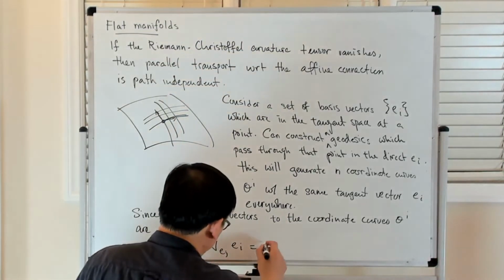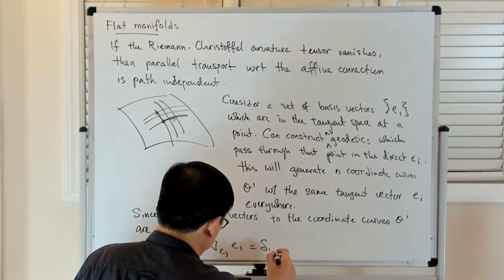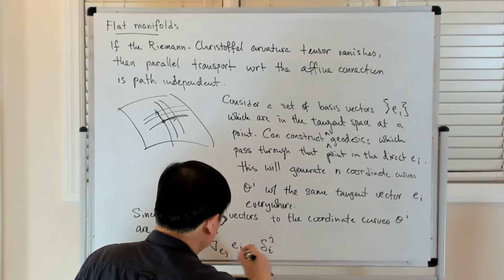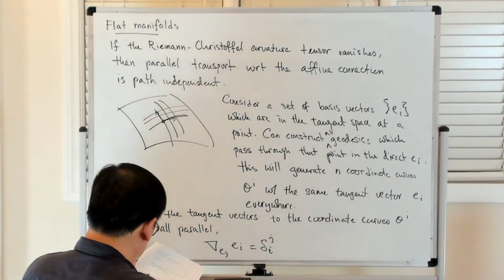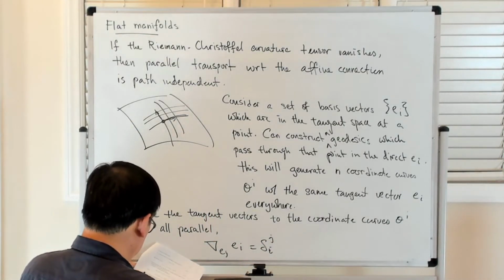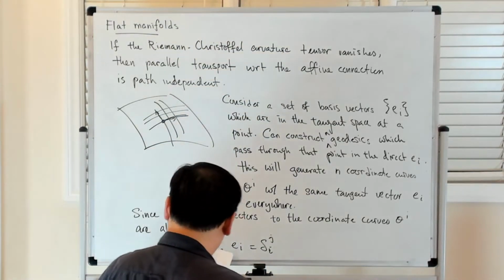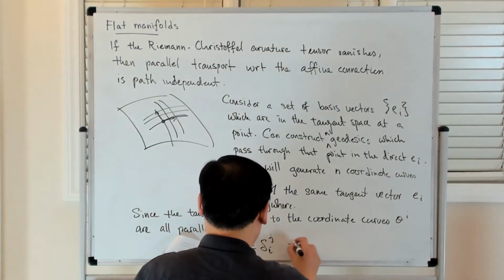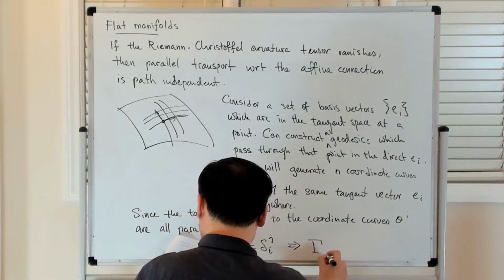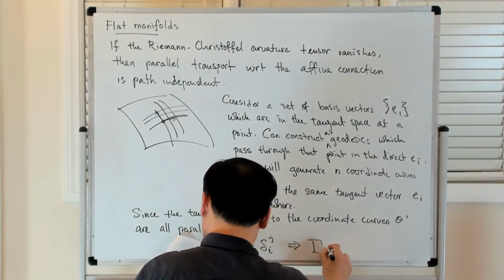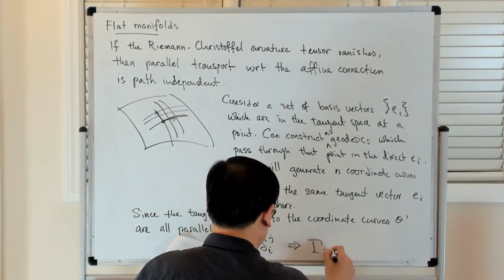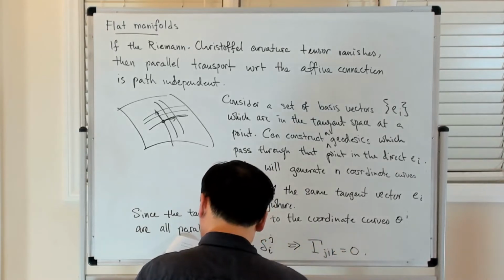Well, actually, technically, it has this Kronecker delta property, right? And then this implies that the connection coefficients vanish.